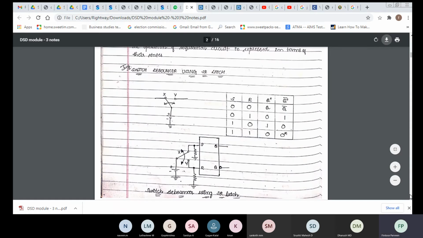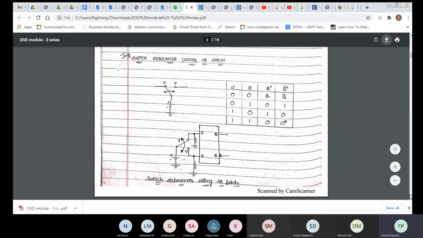Next, coming to switch debouncer using SR latch. Now, mechanical switches, such as toggle switches or push buttons, you might have seen those push buttons.